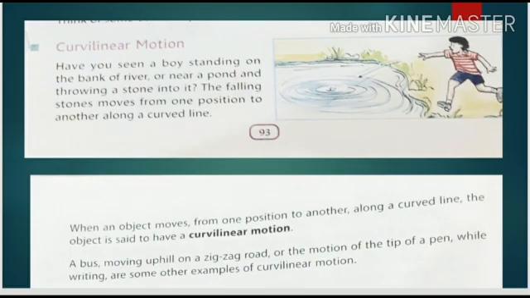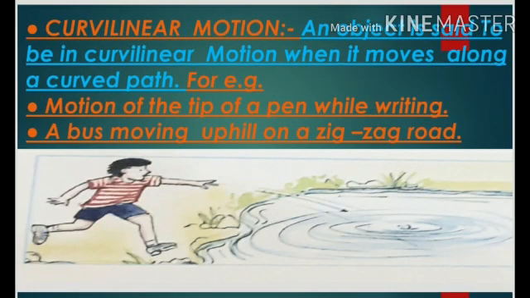Now let's revise the definition once again. Curvilinear motion: an object is said to be in curvilinear motion when it moves along a curved path. For example, motion of the tip of a pen while writing, and a bus moving uphill on a zigzag road. This is all about curvilinear motion.